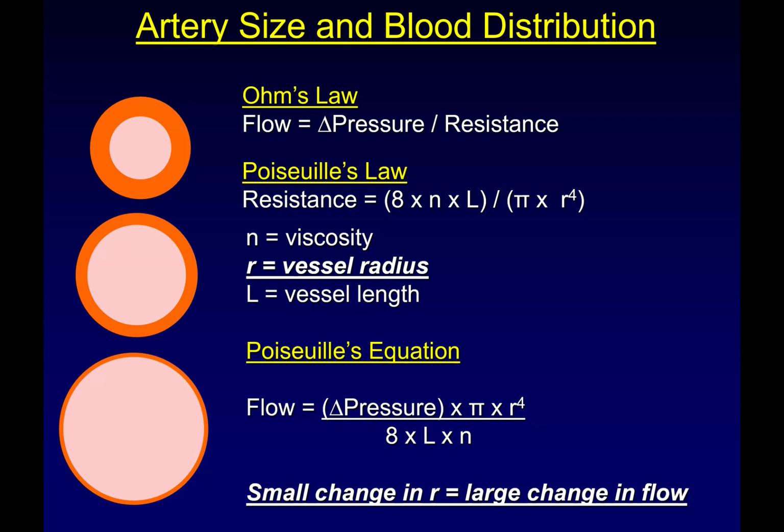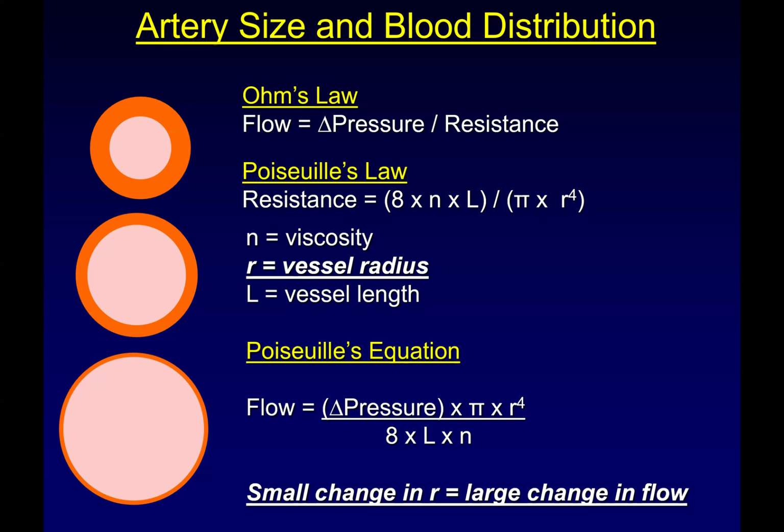Then there's something called Poiseuille's law, which is going to explain how we calculate resistance in the denominator of Ohm's law. It's more complicated, but I'll walk you through it. There's only one variable that matters in Poiseuille's law. Resistance is equal to 8, which is a constant, multiplied by η, the viscosity of the fluid.